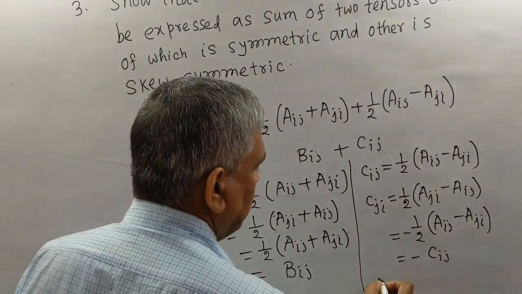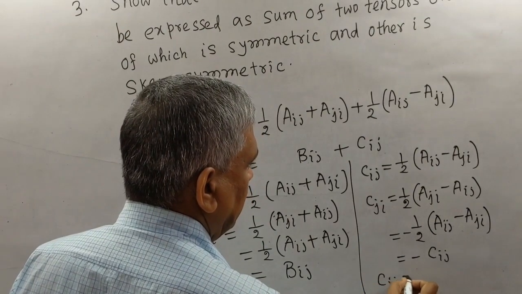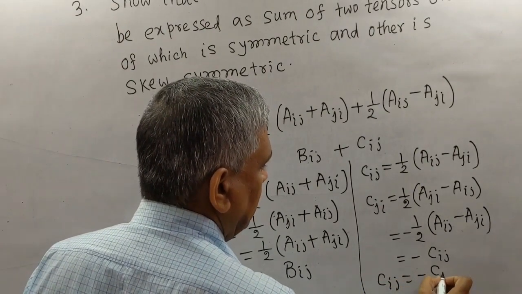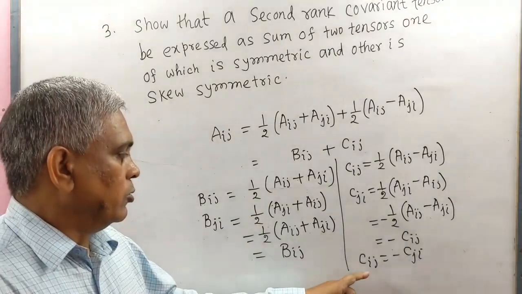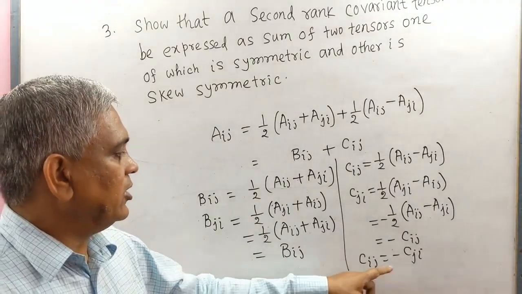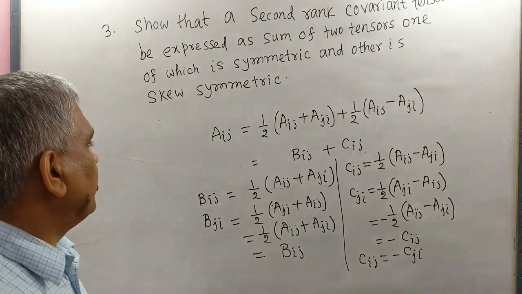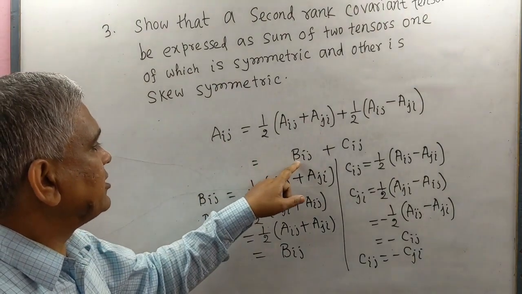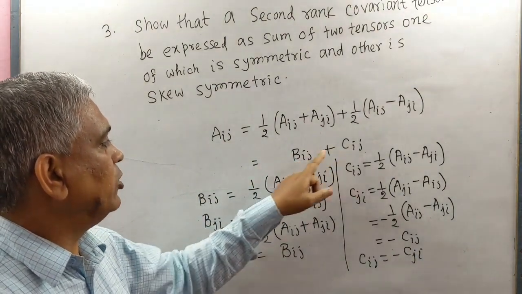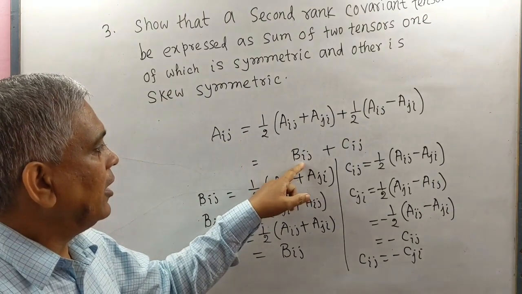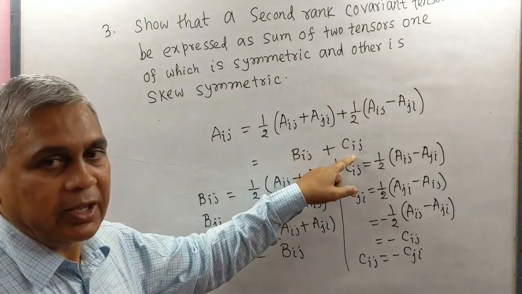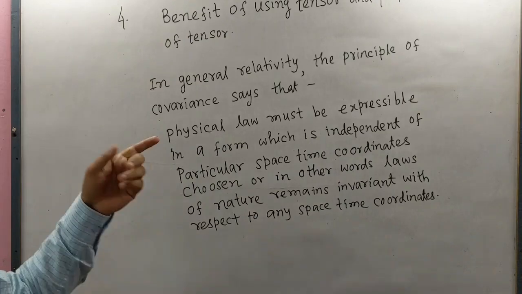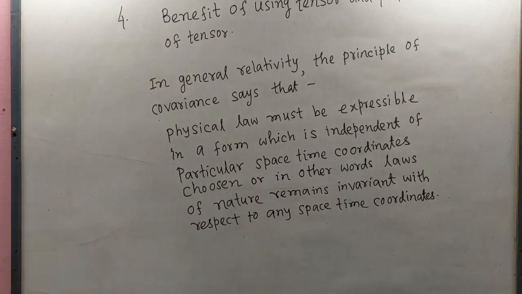This implies Cij equals minus Cji, which shows that Cij is a skew symmetric tensor. Therefore, Aij is the sum of two tensors Bij and Cij, in which Bij is symmetric and Cij is skew symmetric. Hence proved.